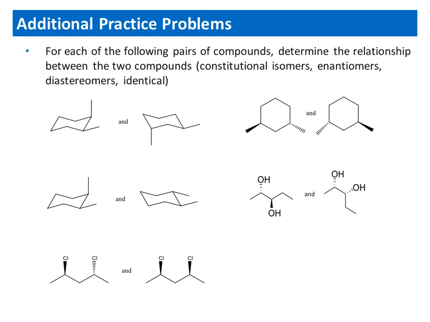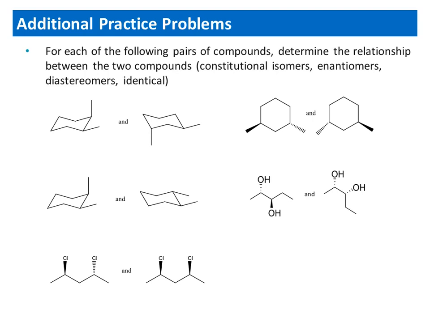If they don't, they are constitutional isomers. And if they do, you need to think about stereoisomers. Then you need to find whether you have a chiral center in the molecule or not, and think about enantiomeric or diastereomeric relationship. If they are mirror images of one another, they are enantiomers, and if they are not, they are diastereomers.